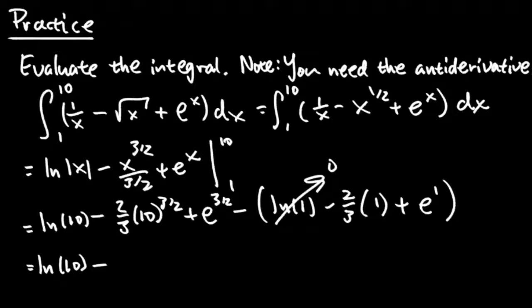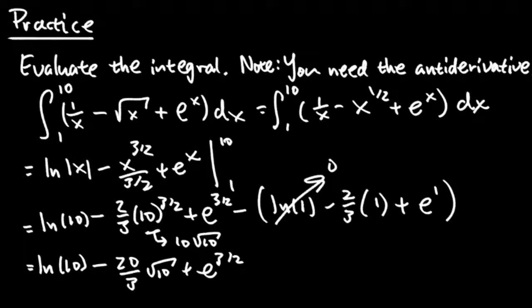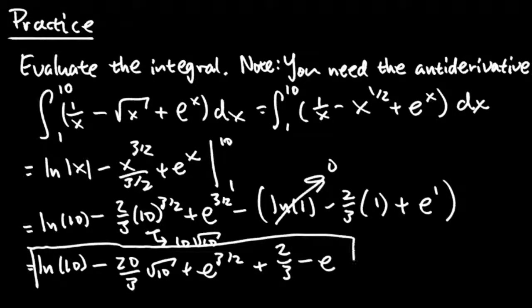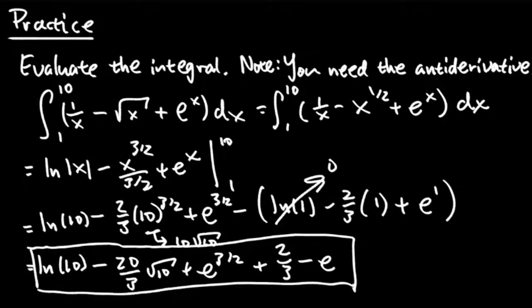Ln of 10 minus, this is the same thing as 10 square root of 10, so I'll do it that way, plus e to the 10 plus 2/3 minus e. There's not really much of a way to make this look nice, so I'm just going to leave it like this. It looks a little bit crazy, but notice that all we really did was find individual parts that are antiderivatives of these, evaluate them at each of the limits, and then get this.